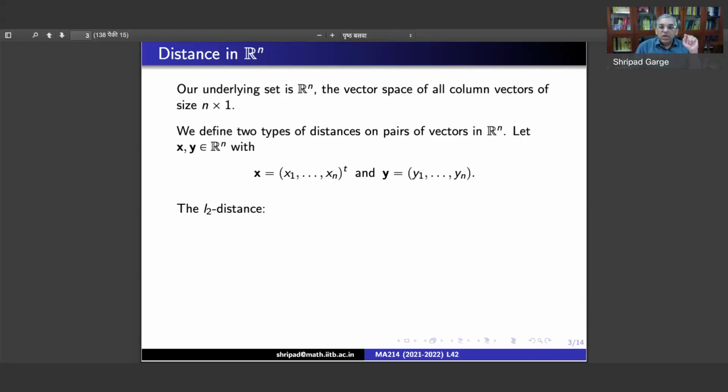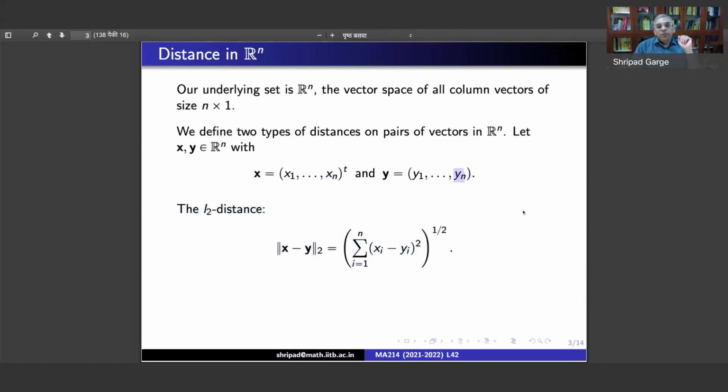Okay, so there are two distances that we are going to define. The first one is called the L2 distance, which is defined by taking the differences of the corresponding components. From x1 you subtract y1 and take the square, and from xn you subtract yn and take the square. So you have x1 minus y1 whole square plus x2 minus y2 whole square plus dot dot dot xn minus yn whole square. You take the sum and then take the square root of this whole sum.